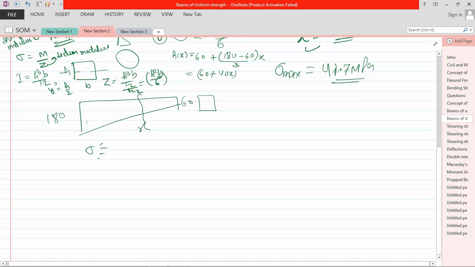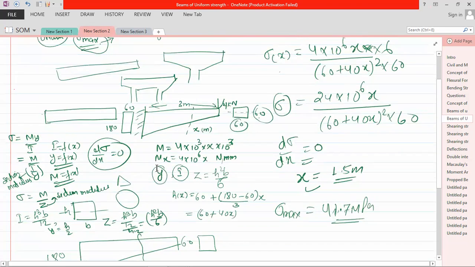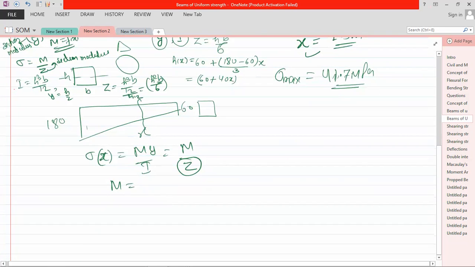So obtain sigma x as a function of x, using M by I or M by Z, the section modulus. So M is, the load is given, that is 4 kilonewton. So 4 into 10 raised to the power 6 into x, in Newton mm.